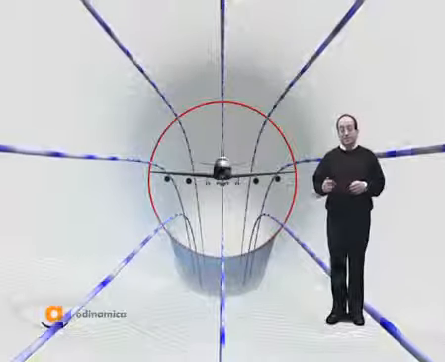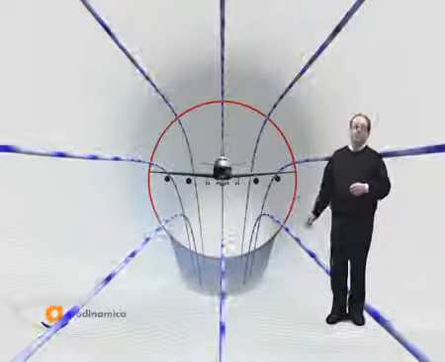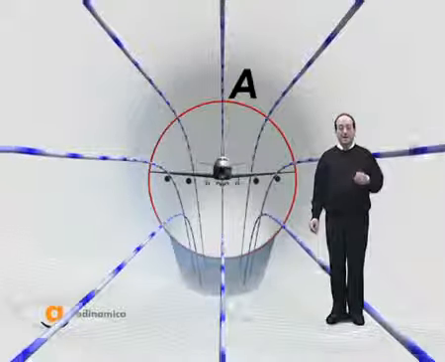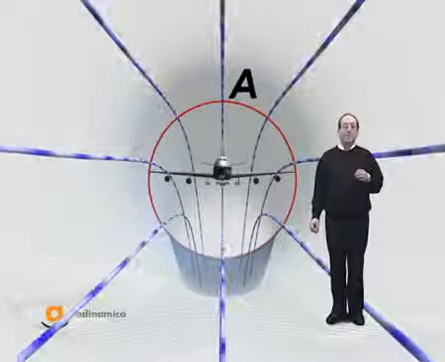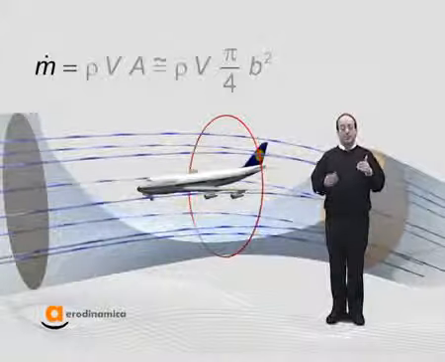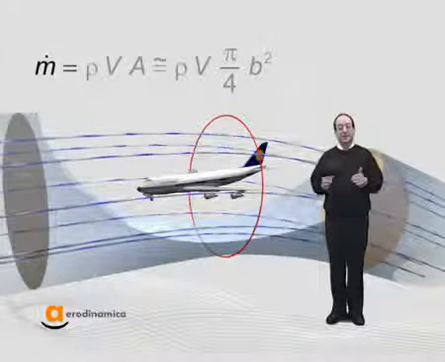In the animation that you see now, the airplane can be considered immersed in a flow tube that has a diameter equal to the wing span. M dot will approximately be the air that flows through the tube.